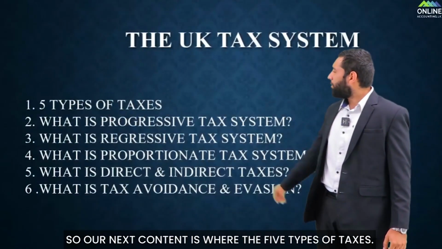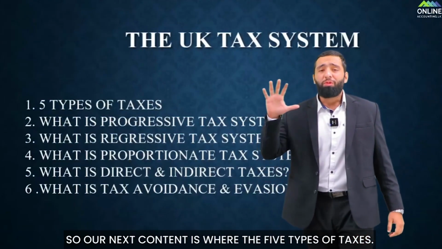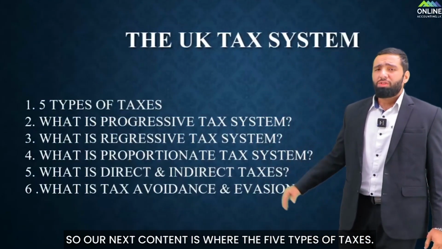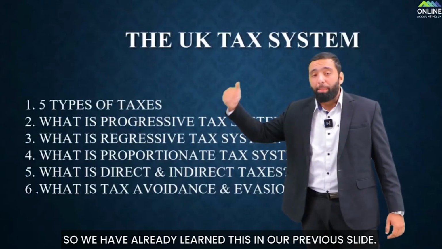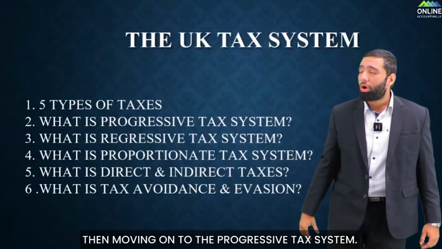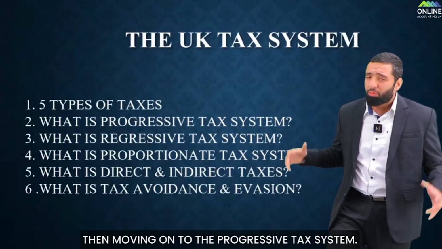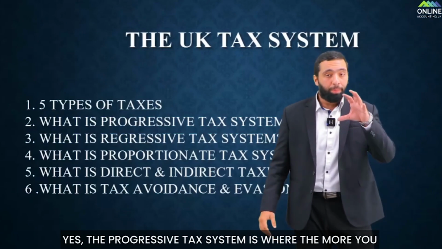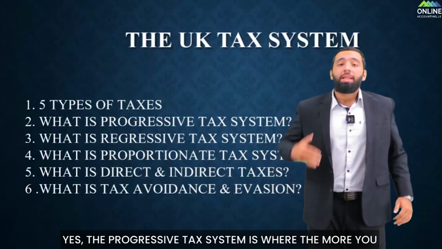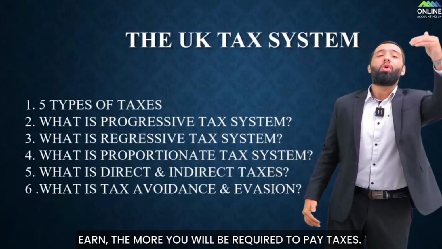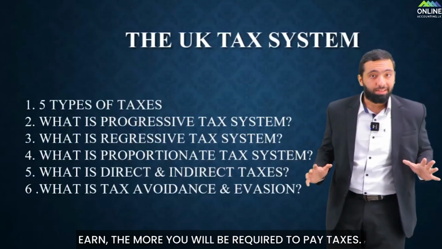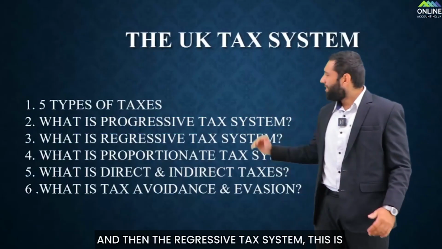So our next content is the types of tax systems. We have already learned the 5 types of taxes in our previous slide. Then moving on to the progressive tax system. What is this? The progressive tax system is where the more you earn, the more you are required to pay taxes. And then the regressive tax system.